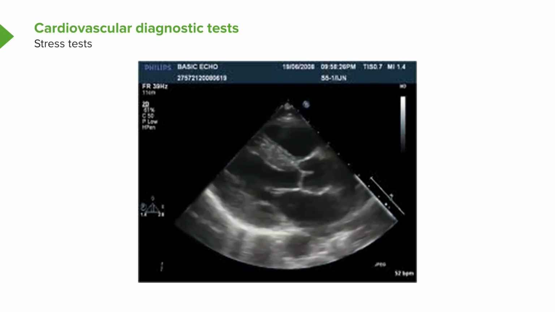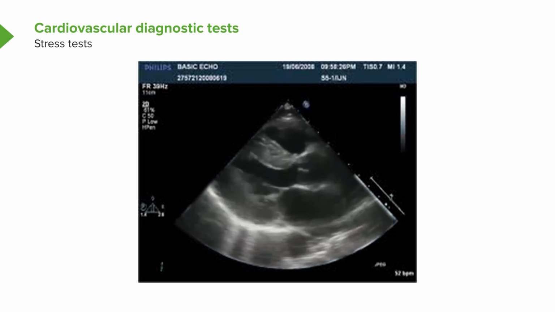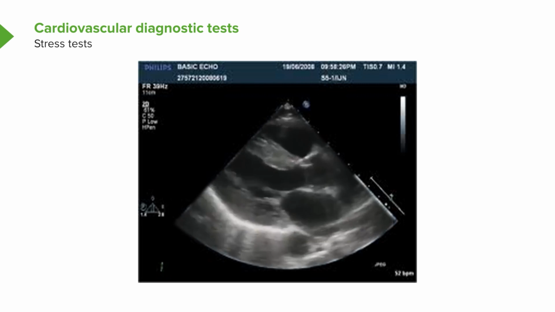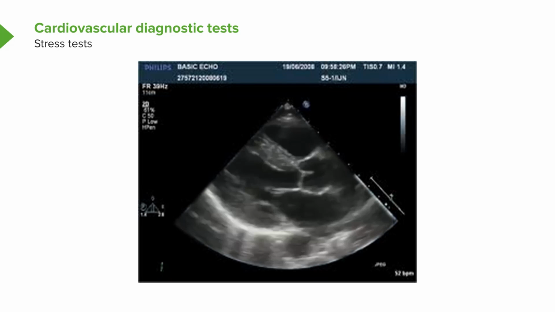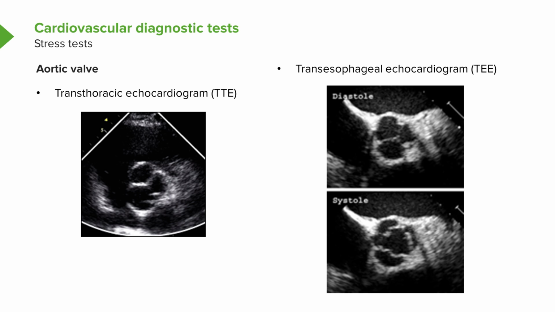Here's an echo in a patient with a large, dilated, poorly contracting heart that was done transthoracically. And of course, these are movies, so the heart's moving. You can actually see the motion of the heart and the motion of the valves during this time. There are parts of this test where we can see whether the valves are leaking or whether they're stuck and so forth.